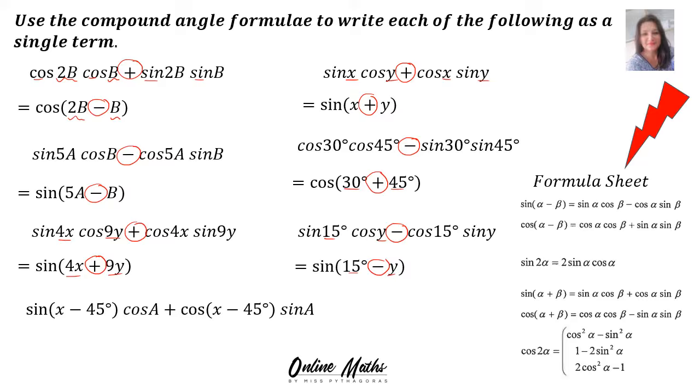Sin cos, cos sin, and then angles x minus 45 degrees, a, x minus 45 degrees, a. So that one is the compound angle for sin. And then your angles, x minus 45 and a, and in sin the signs are the same. If this is a plus, then that's also a plus.